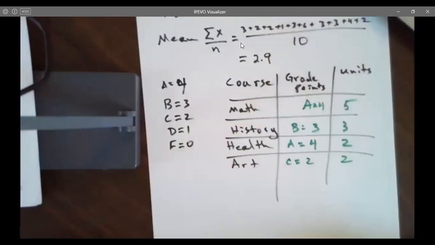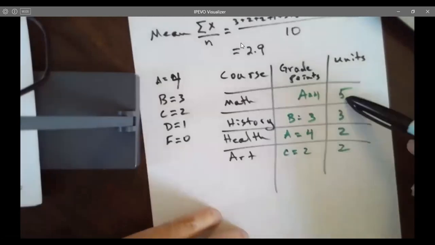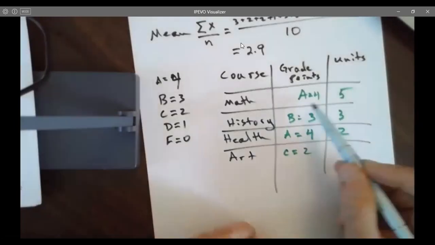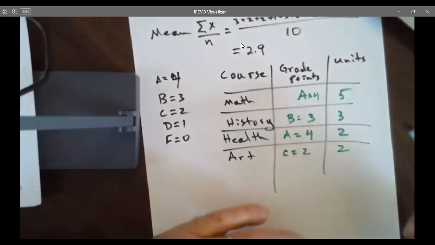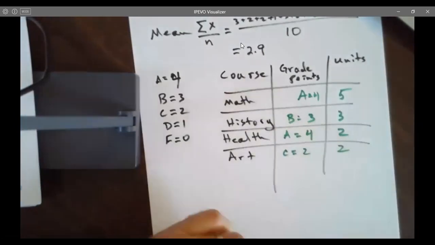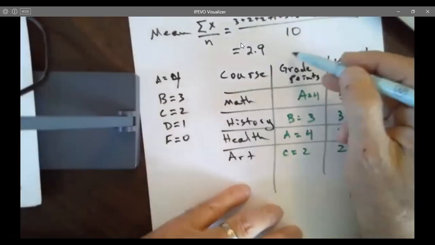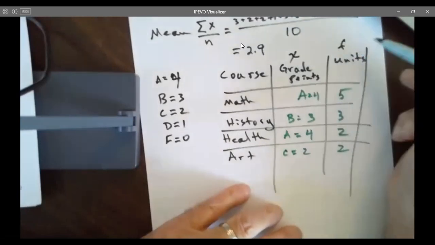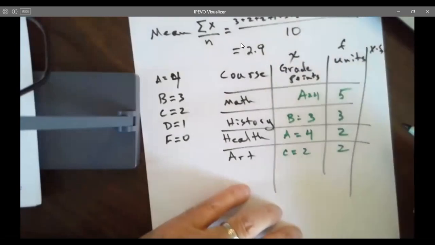Okay, so what we do from here is multiply. We multiply grade points, that would be considered X, times units, that would be considered F. So we want to take these two and multiply them together.